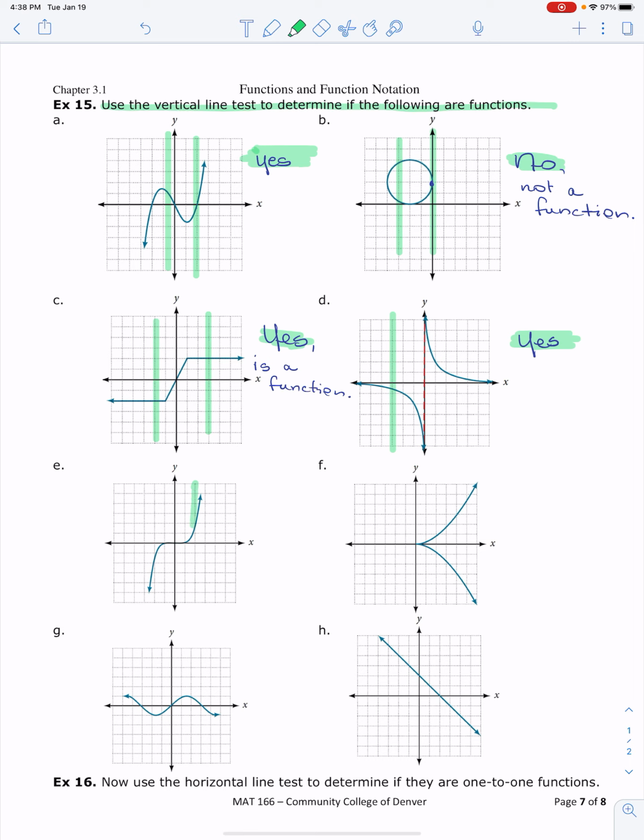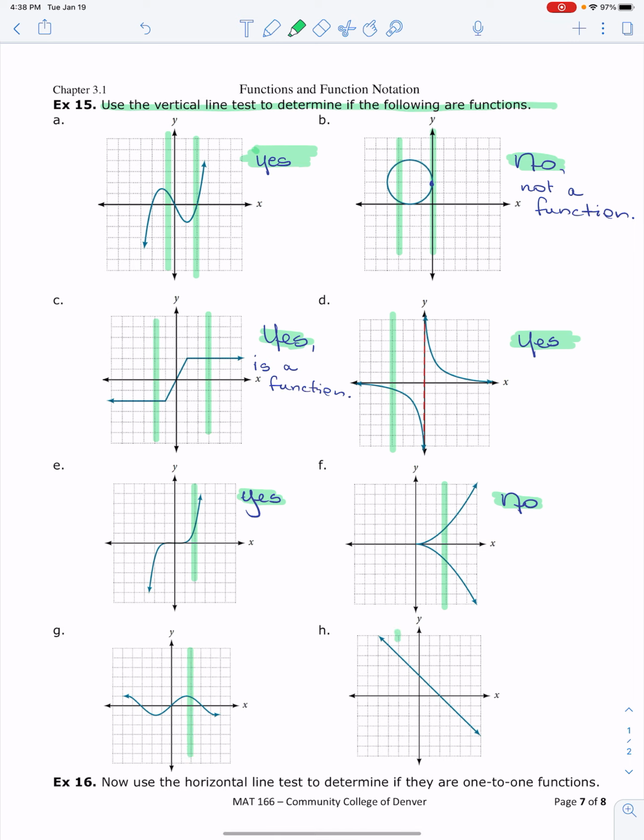Here looks like a cubic. I mean, we really don't need to draw. That one's a yes. I draw this here and it hits twice. So that is a no. And you could always pause and not listen to me yak on and go through these and come back and double check. For G, it's only going to cross once.